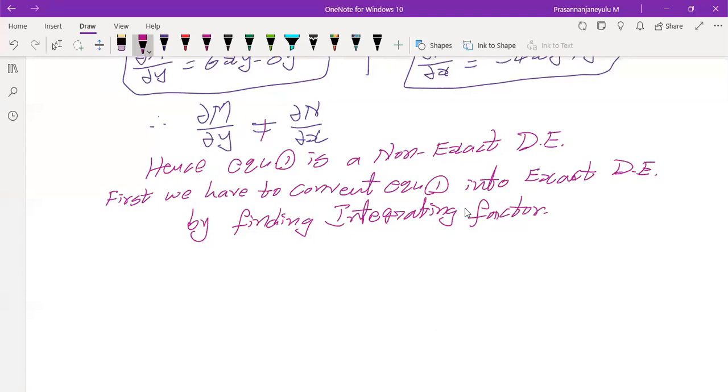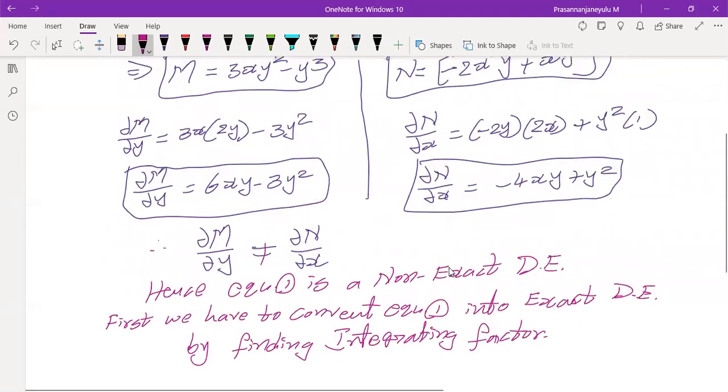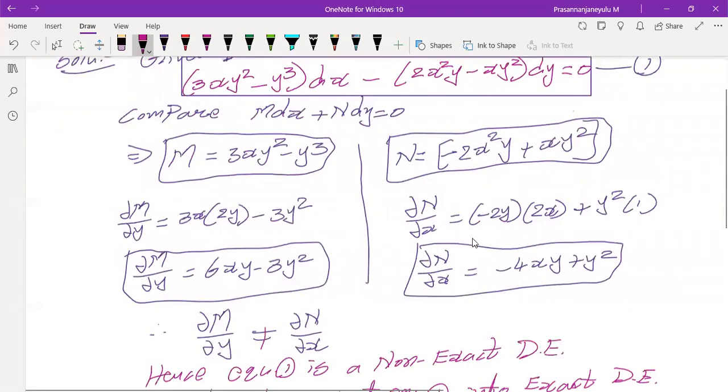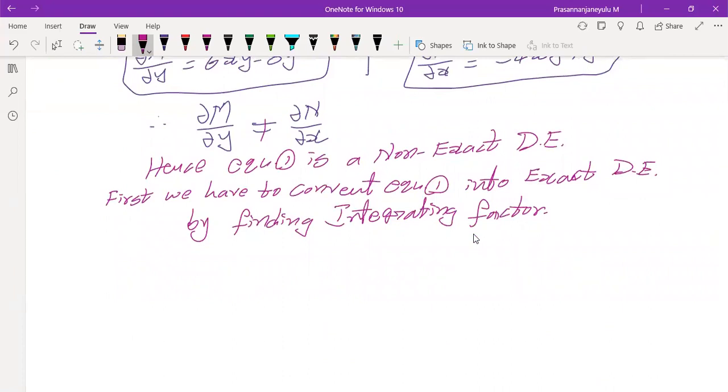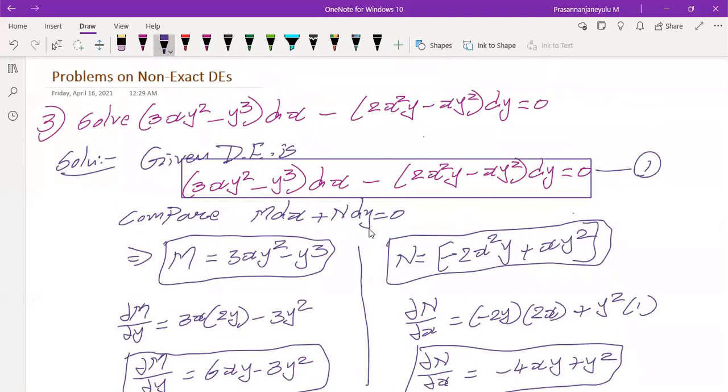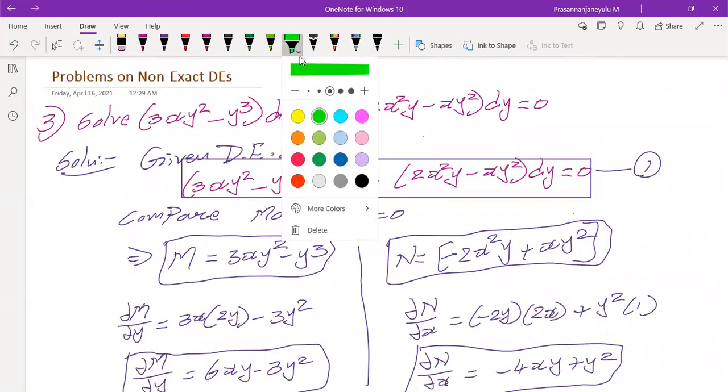So first of all, check whether the given DE is non-exact. That I am going to underline here with the green color. So equation 1 is a non-exact differential equation. Next, check whether it is a homogeneous differential equation or not. How to identify homogeneous or not?